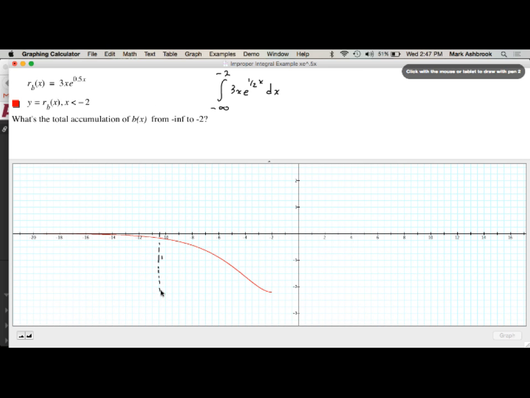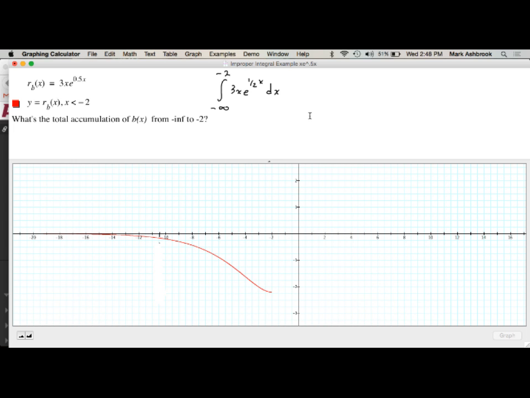So if this thing didn't approach 0 as x went to negative infinity, then we would just say, game over. The integral or the accumulation can't possibly converge. The only possible way it could converge is if as x gets large, in this case large negative, the rate goes to 0. Does that happen? Most certainly, right?